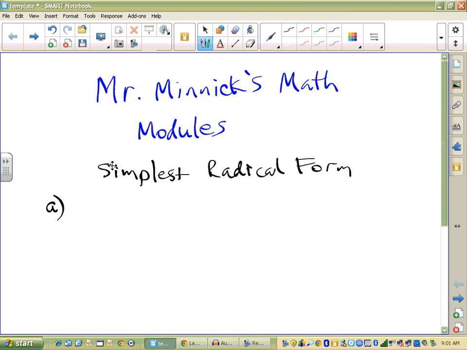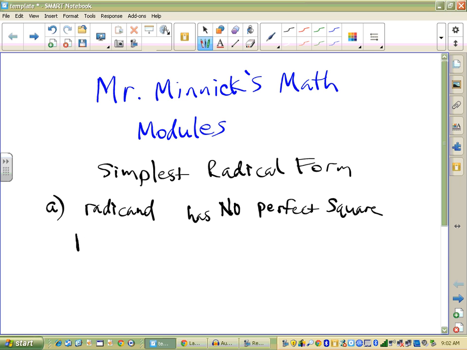One of them is the radicand. Now remember, that's the number under the square root symbol. The radicand has no perfect square factors larger than the number 1.